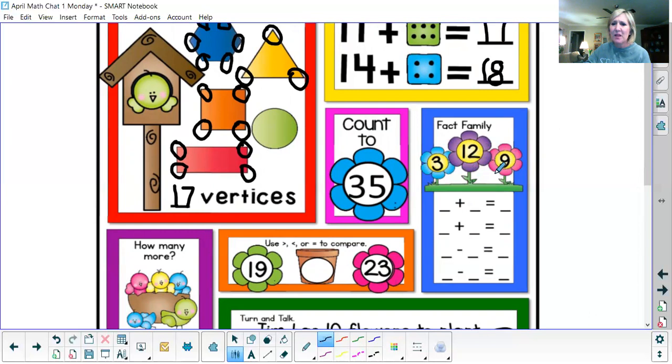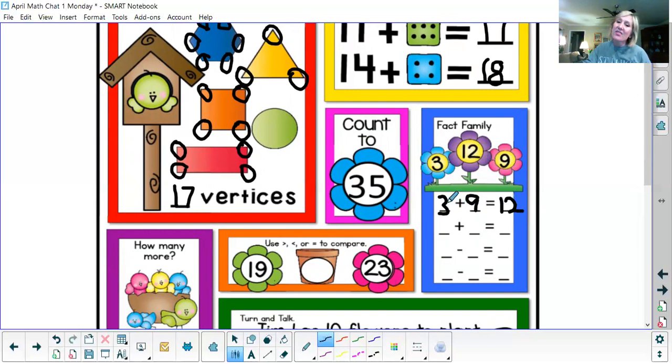Well, with the fact family, I am putting the 2 small parts together to equal the whole. So I think I'm going to put the 3 part first. 3 plus, that means I'm going to join the 3 with the other part. 9 equals, what's the whole? 12. Good job. So I made a number sentence. 3 plus 9 is equal to 12.